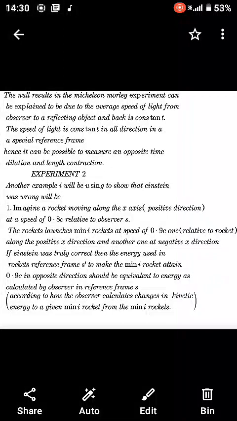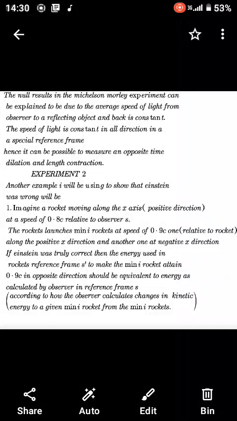So relative to the rocket, now we launch mini rockets that are moving at 0.9c along the positive x direction and negative x direction relative to the S prime inertial reference frame, that is according to an observer in the rocket.